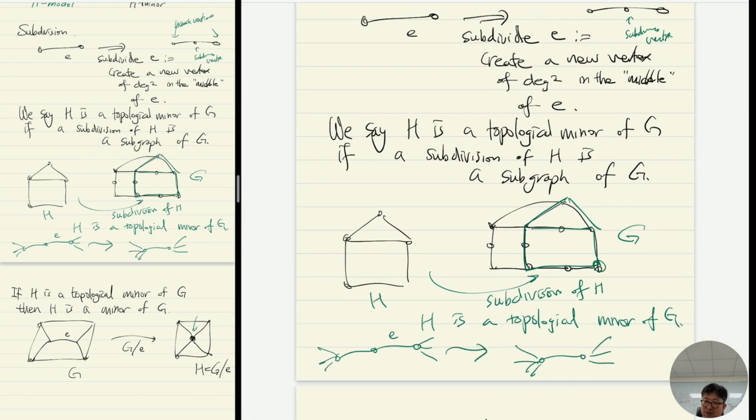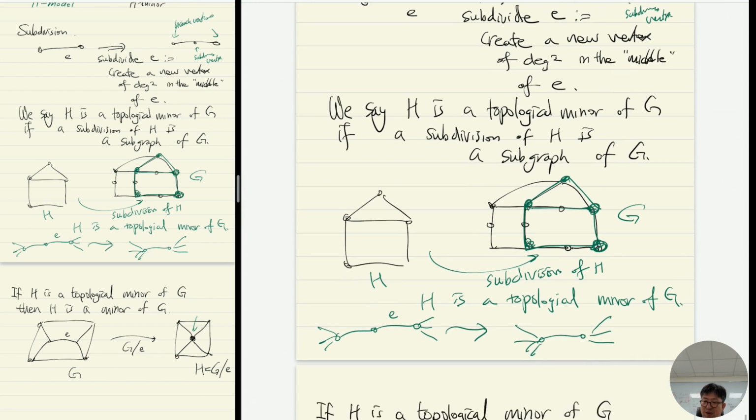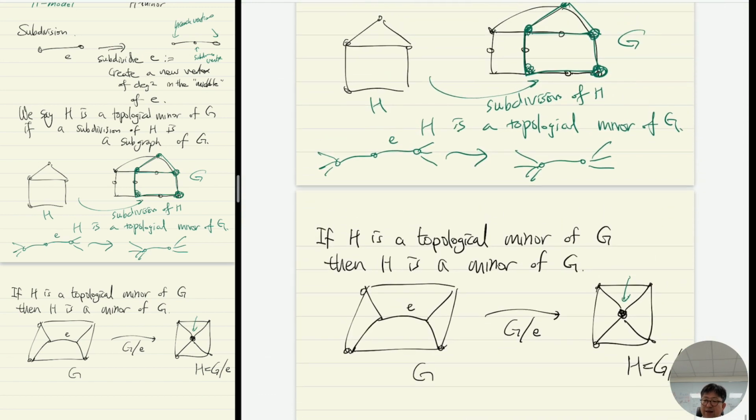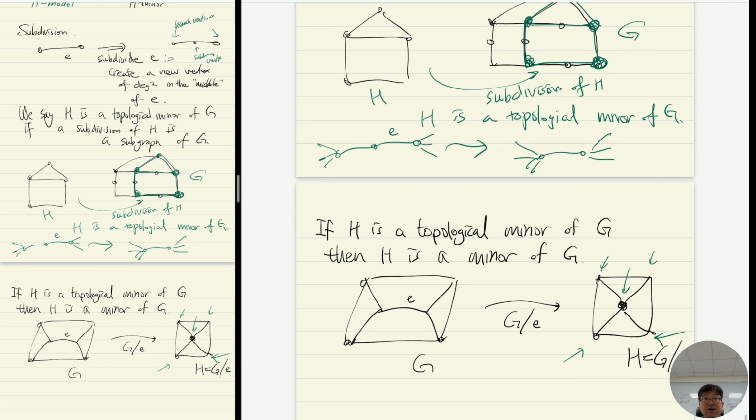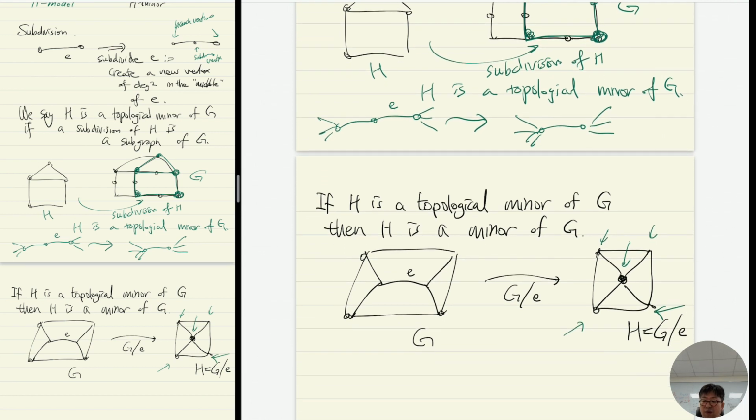So, for instance, these vertices are branch vertices, and the degree of these vertices doesn't change even if you subdivide the edges. So in particular, there is a vertex of degree 4 here. And no matter how you subdivide edges, the property that this vertex has degree 4 doesn't change.